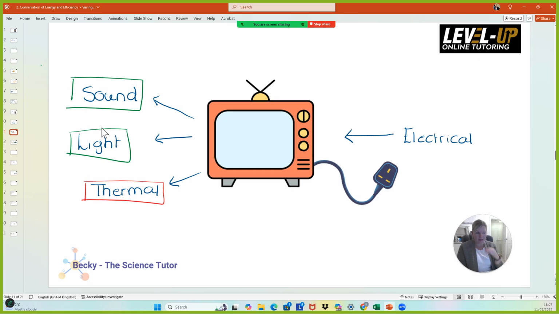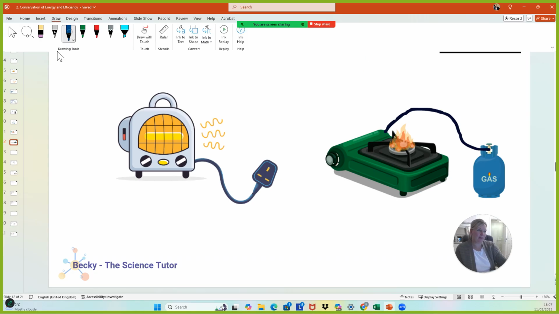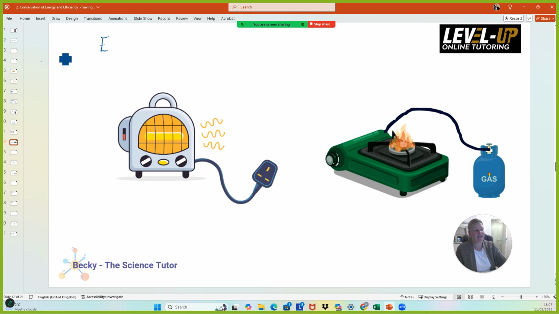Okay, brilliant. Now we're going to come back to these in a minute. We're just going to practice this little skill for a moment. And I will tell you what devices they are. So here we have an electrical heater. And I did quite like this because I don't know why, but I can just see a face in this little electrical heater for some reason. So we've got an electrical heater.